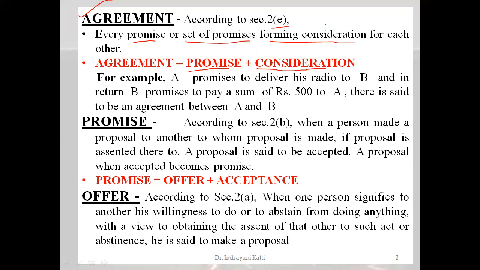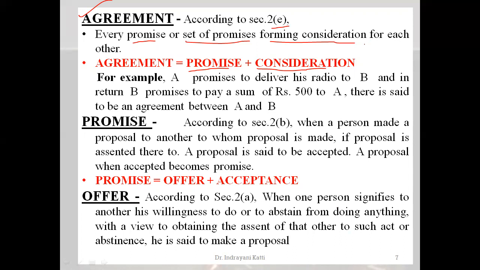Example: A promises to deliver his radio to B, and in return B promises to pay a sum of rupees 500 to A. There is said to be an agreement between A and B, and the consideration is that A receives rupees 500, and B receives that radio set, a small radio transistor set.